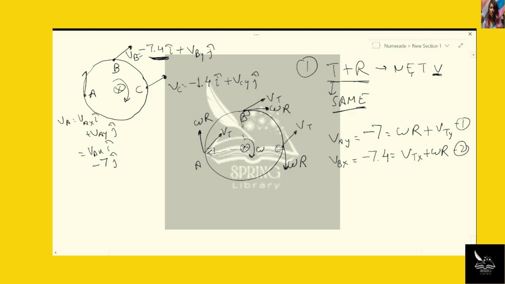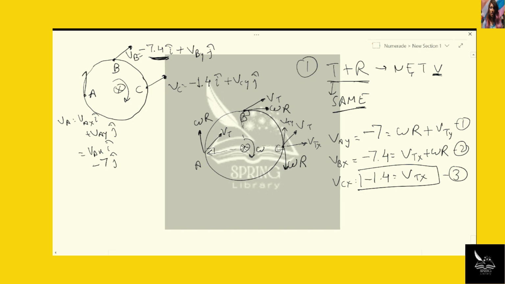And at point C, we see that Vtx is the only component which will contribute, and Vty is just going to be perpendicular and along omega r. So this tells us that VCx, which is minus 1.4, is actually Vtx. So now we know the value of Vtx from equation 3.